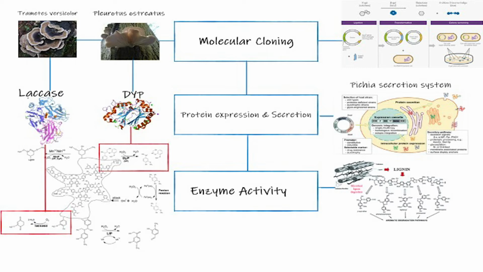Likewise, we have made many copies of a plasmid vector carrying the genes that encode for those enzymes and have inserted them into a type of yeast called Pichia pastoris. In our yeast, we will produce and secrete mass copies of our desired enzyme. It is important to use a type of yeast which is a eukaryote, since prokaryotes such as E. coli don't have secretion systems that we need. After the mass production, the enzymes will degrade lignin for us.